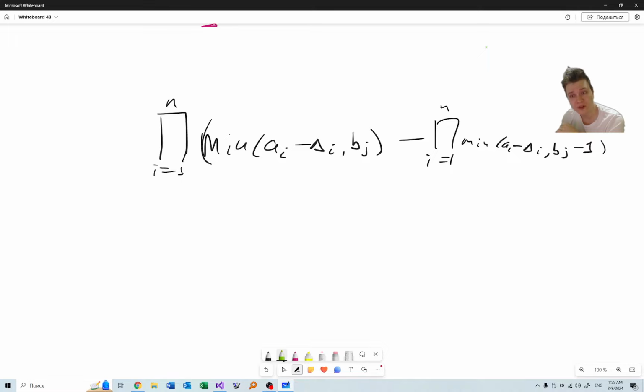Okay, the smaller problem here is that if AI is equal to bj, then it's unclear what to do here.